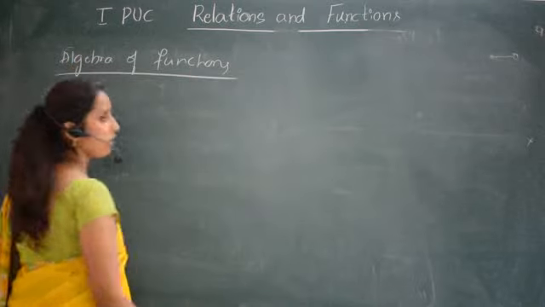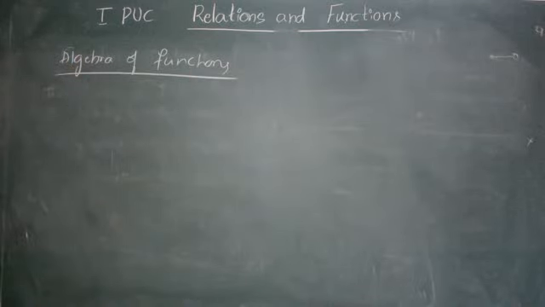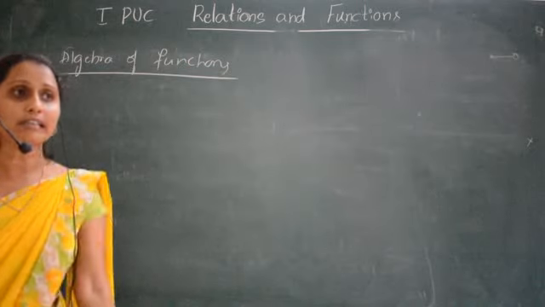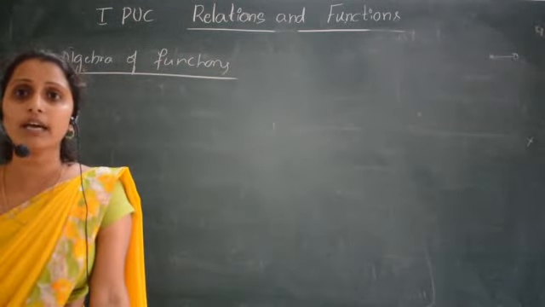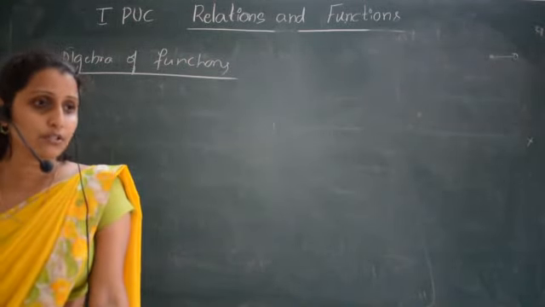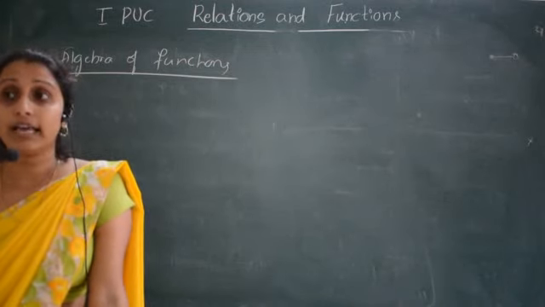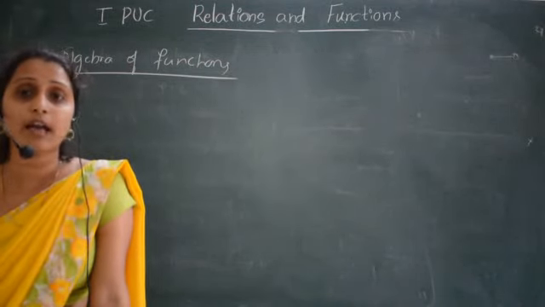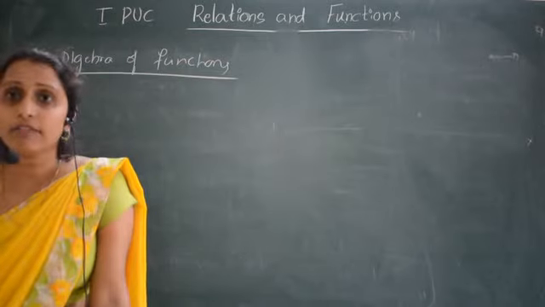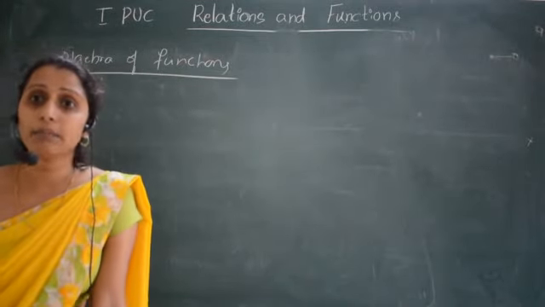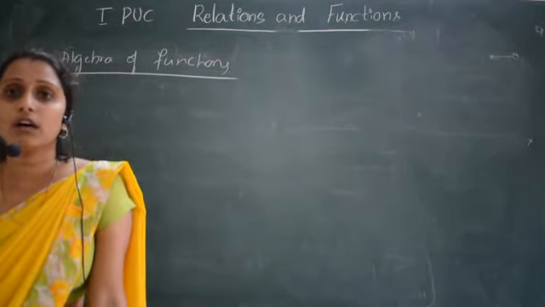What is algebra of functions? Just as we add real numbers or natural numbers, we can add, subtract, multiply or divide any two integers. Similarly for functions also we can multiply or divide.